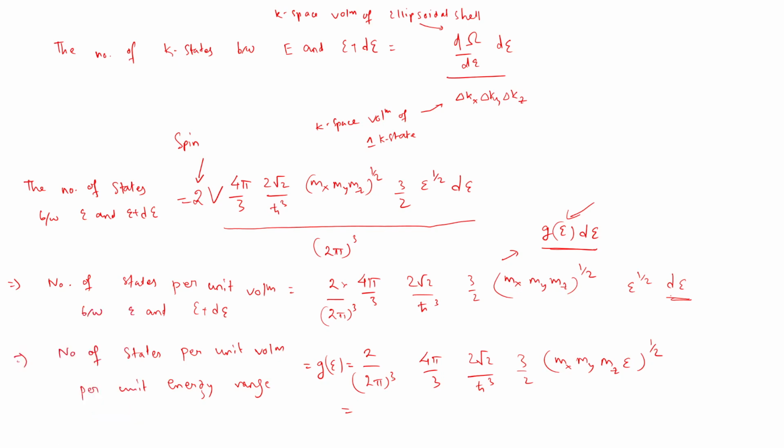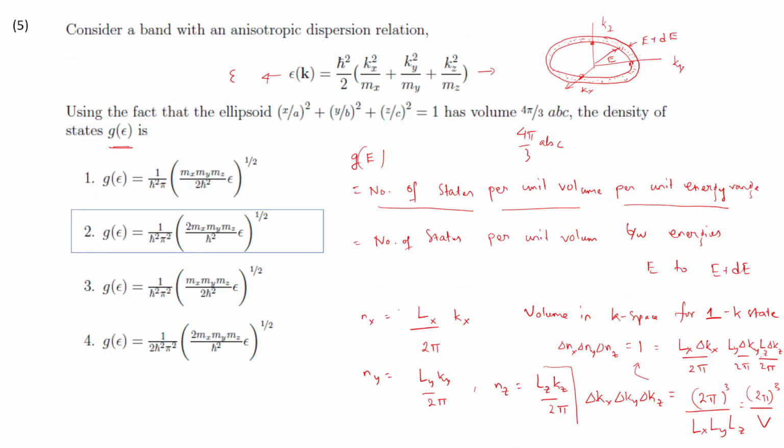So let us simplify this, and you'll have your answer. This 3 cancels 3, 2 cancels 2, and on simplification you will get this particular answer. So I will just write it down.